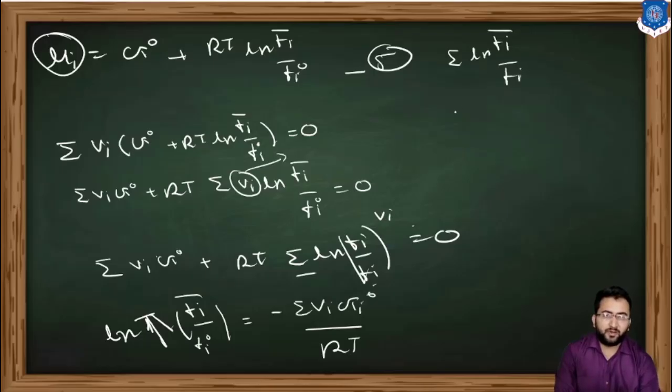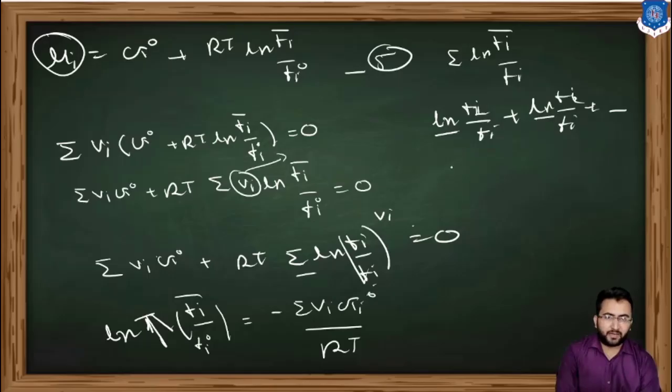Okay, what is the meaning of this? It means ln F1 bar upon F1 naught plus ln F2 bar upon F2 naught, and instead of i, there will be 1, 2, 3 and so on. Using the logarithmic law, I can write ln of F1 bar upon F1 naught into F2 bar upon F2 naught, similarly F3 bar upon F3 naught.